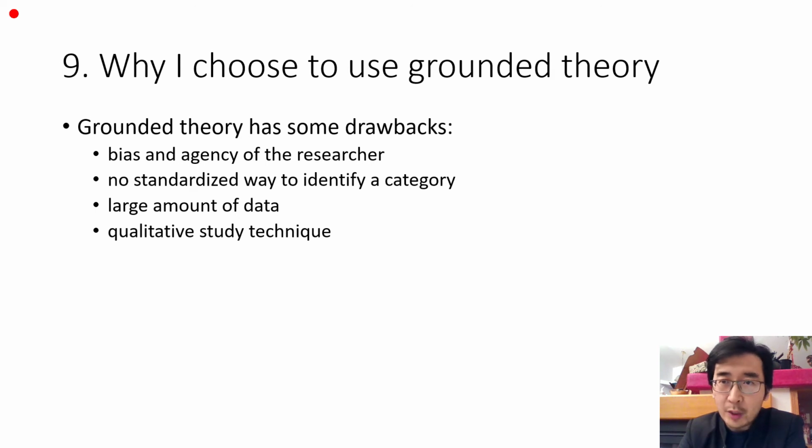It's kind of unavoidable, I think. There's also no standardized way to identify what a category actually is. Sometimes grounded theory can also produce a large amount of data that can become rather unwieldy. And also, it's a qualitative study technique, and qualitative studies have their own set of problems, especially with data subjectivity and the importance of establishing reliability and validity.